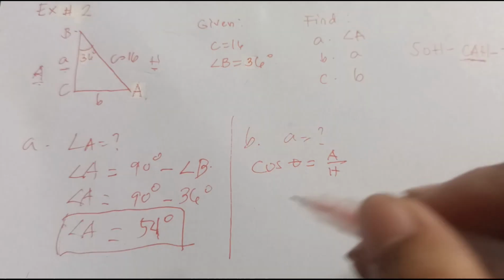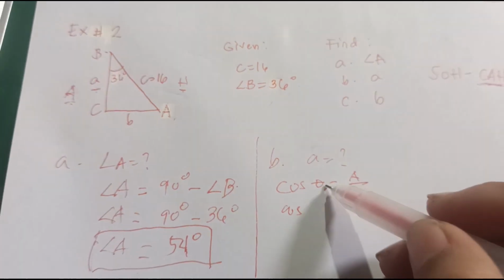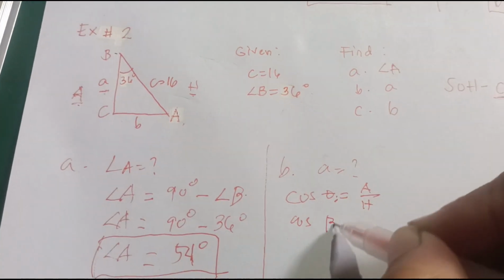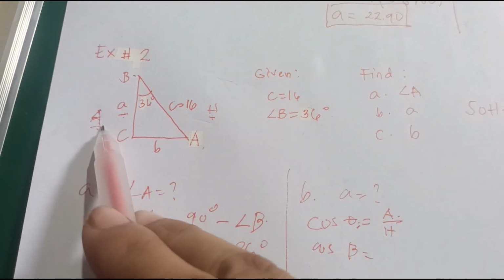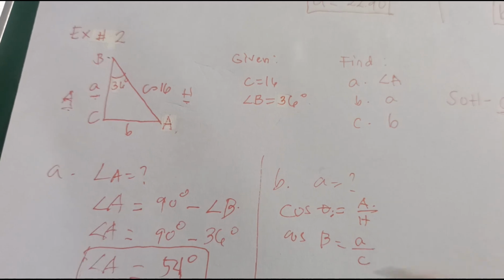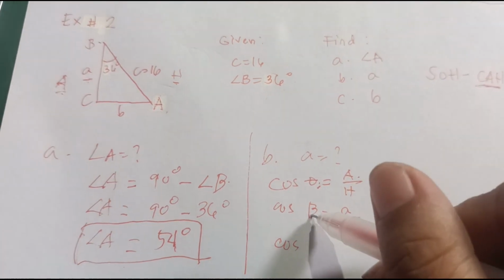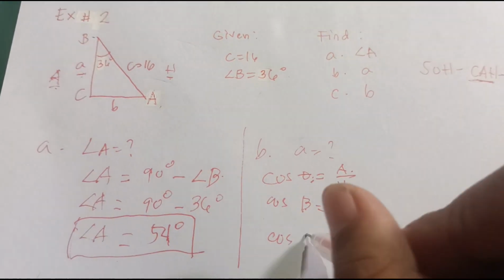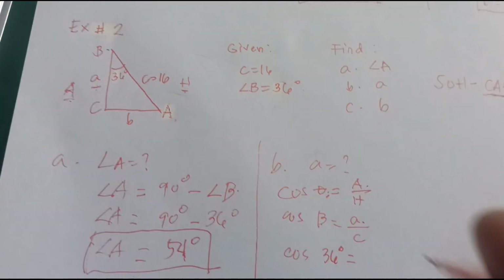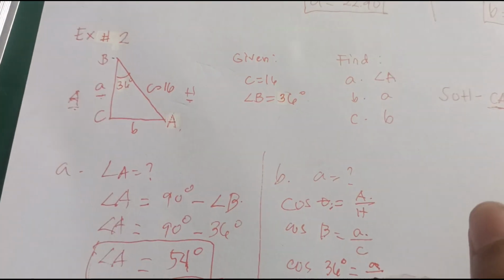We substitute: our theta is the given angle in this figure, angle B, our adjacent is letter A, and the hypotenuse is letter C. Angle B measures 36 degrees, side A is missing, and side C is given, which is 16.